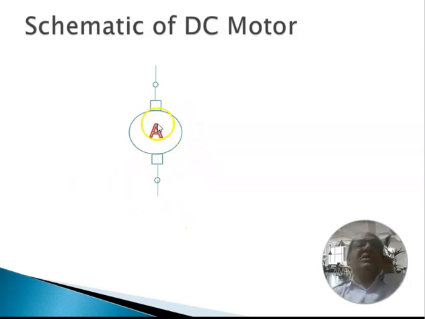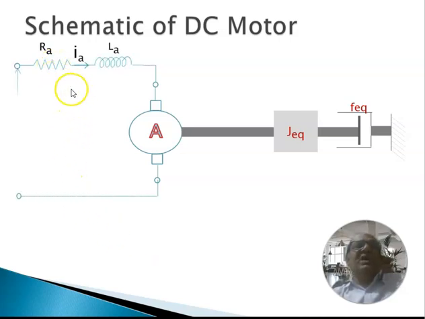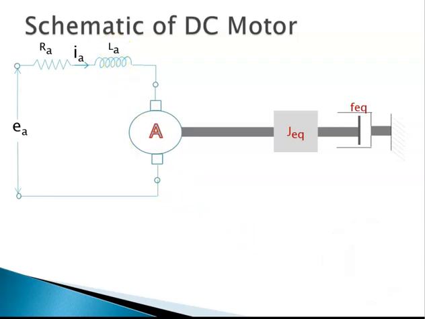This is the armature with two brushes and armature terminals, and we have the motor shaft connected to the armature, carrying an equivalent inertia and equivalent damping, and we have armature resistance Ra, inductance La, and a voltage of Ea applied there.